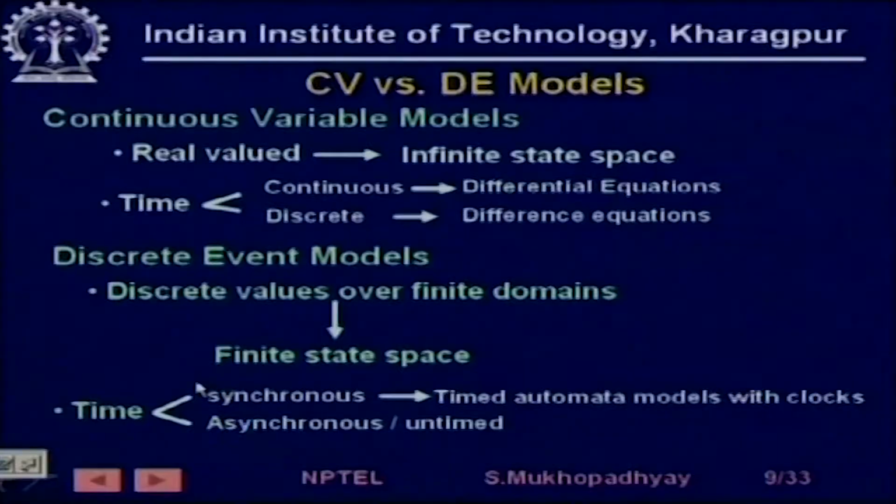Similarly, for time we have two kinds of models. We are not going to see too much of this, but they are called synchronous and asynchronous. In the synchronous model we assume that all variable changes occur along with some clock, just like a master slave flip flop is a synchronous device.